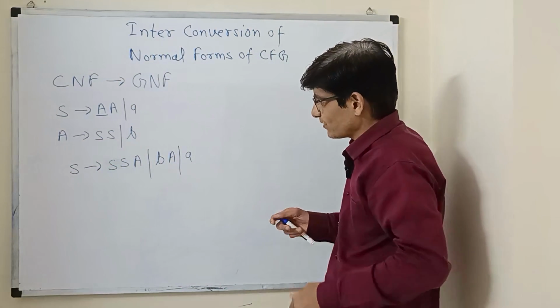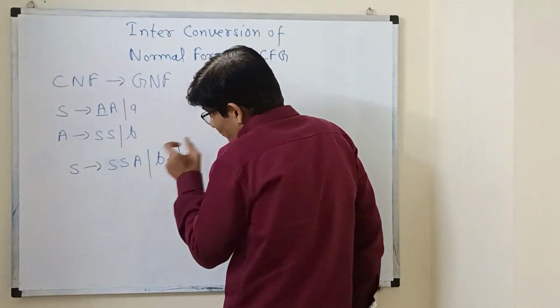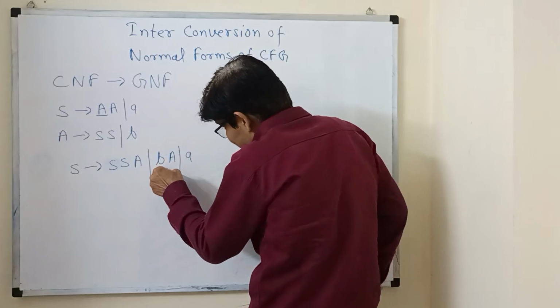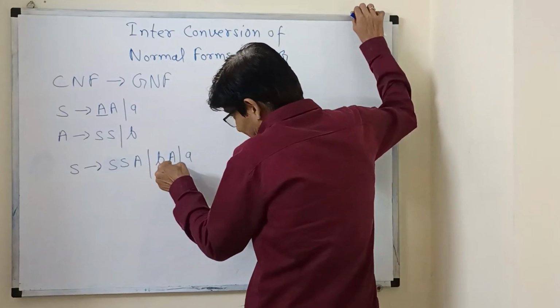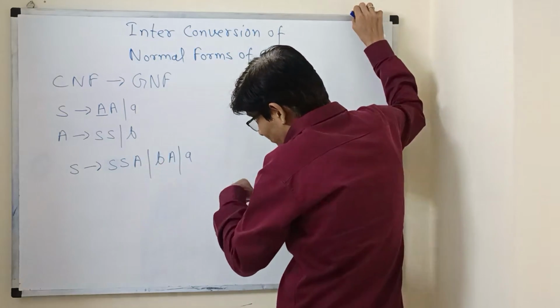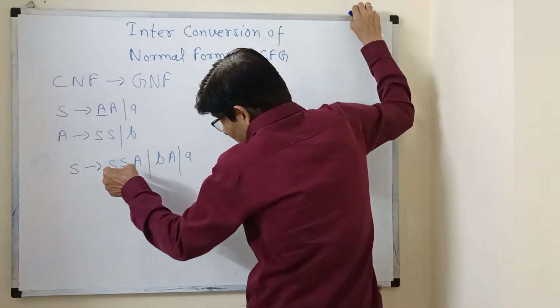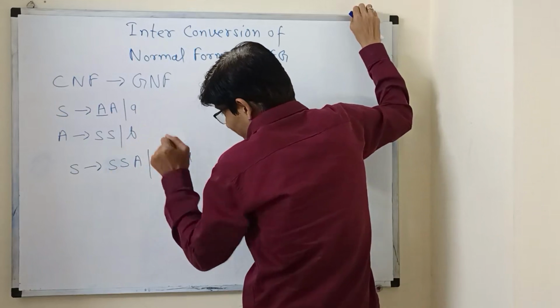Now you can see, my friend, out of these three productions of S, two are already in GNF. This is starting from one terminal and having one variable after the terminal. So this is already in GNF. Now we need to convert only this production into GNF.